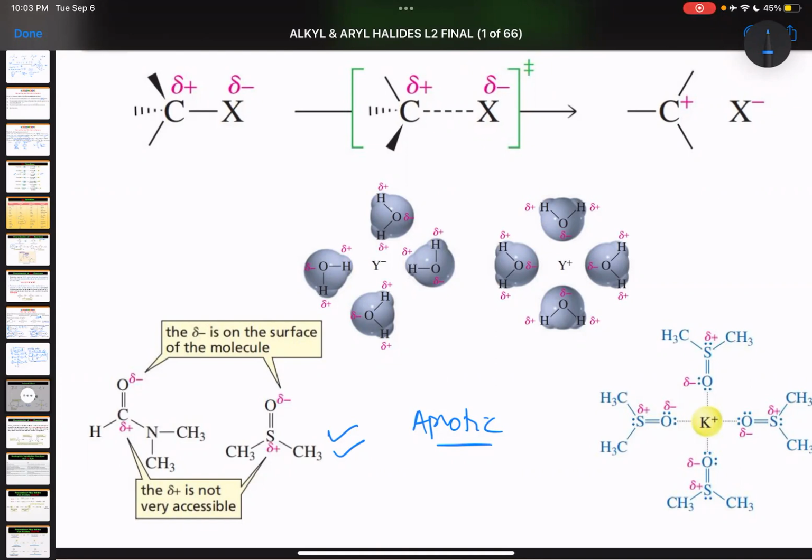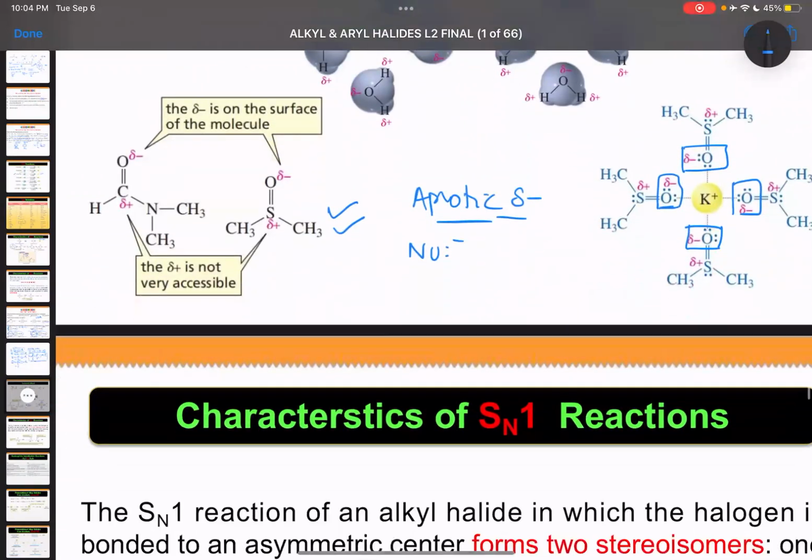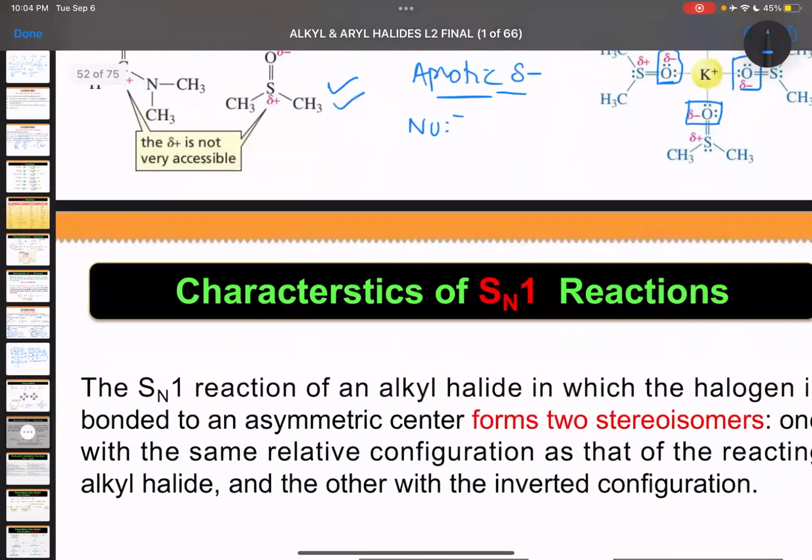In aprotic solvent, actually this is the negative charge. Can you see this? The positive charge is actually there, but it is inside the molecule. So if it is inside the molecule, it is of no use. So the aprotic solvent makes the nucleophile more reactive, because the nucleophile feels a lot of repulsion, as both are negatively charged.